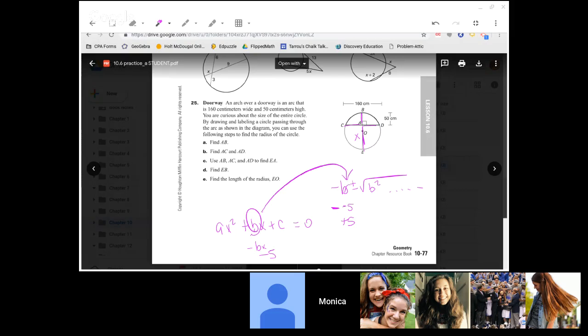Lily, did you get part C? Okay, so look up here. It tells you that the whole length there is 160.